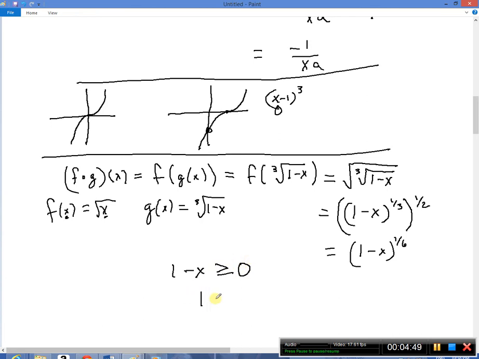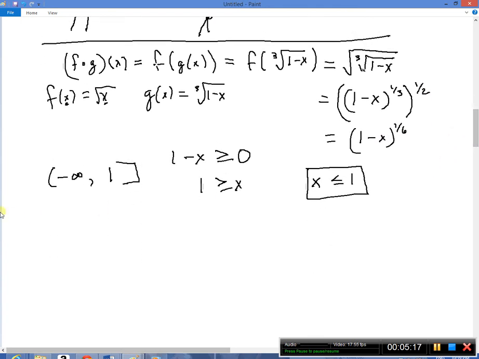So you can add x to both sides and get 1 greater than or equal to x, or to read it the other way, x less than or equal to 1, which is a perfectly good answer for stating the domain. You could also state it as minus infinity all the way out to 1, including 1. 1 is included because you can take 1 minus 1, which is 0, to the 1/6 power. The 6th root of 0 is 0.